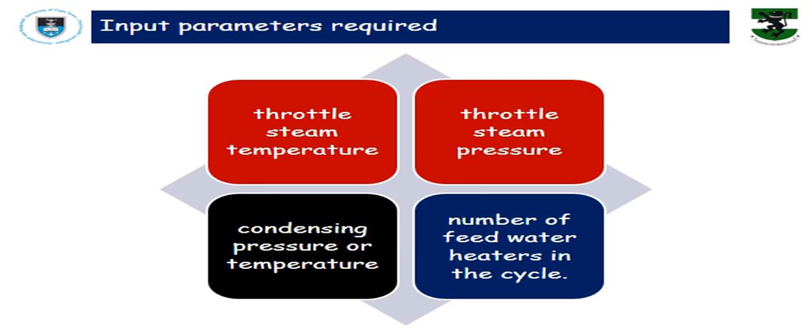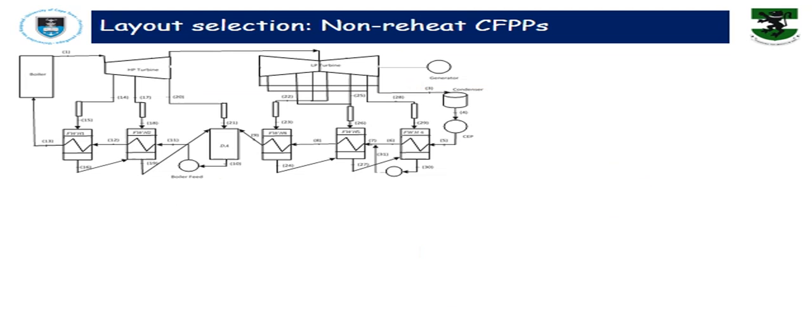So the parameters that were identified were the throttle steam temperature, the throttle steam pressure, the condensing pressure, and the number of feed water heaters in the cycle. And equally the degree of reheat, meaning if it's single reheat, double reheat, or non-reheat. So these are the input parameters that are required in this particular method.